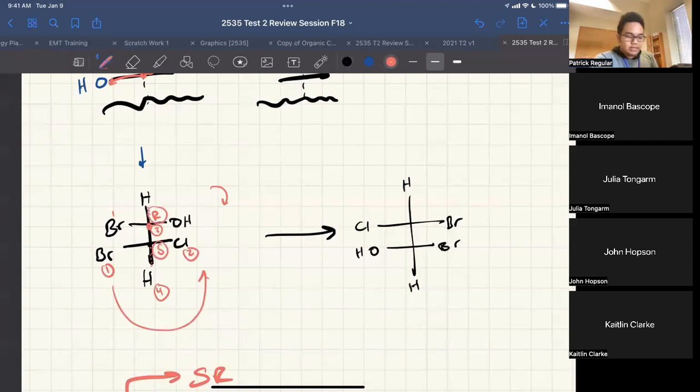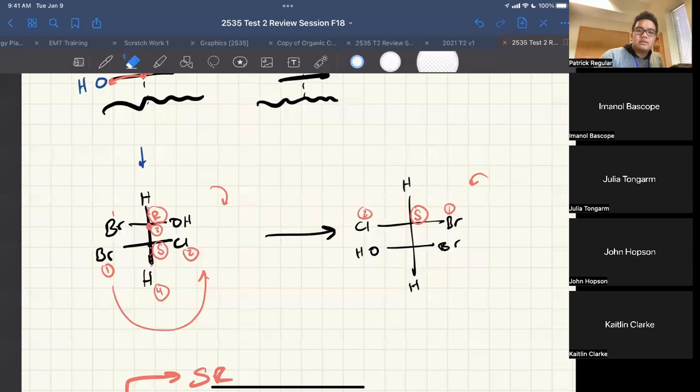If we rotate it around, let's look at this. Br 1, Cl 2, this 3. H is in the dash, so we don't have to flip any kind of counting. That's going to be S. And this is going to be R. All right.